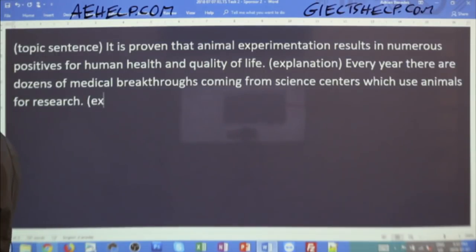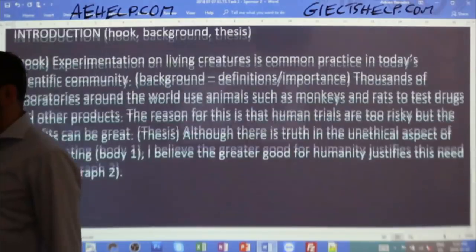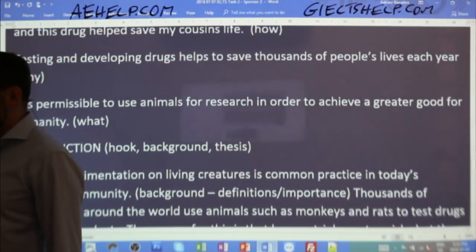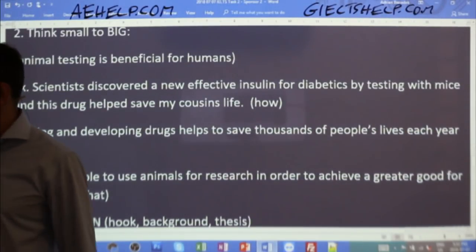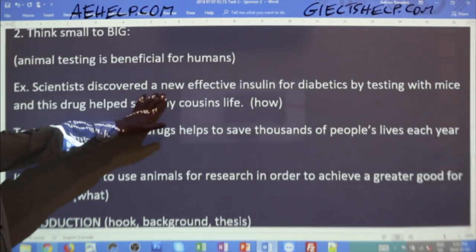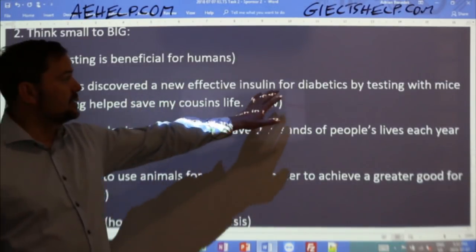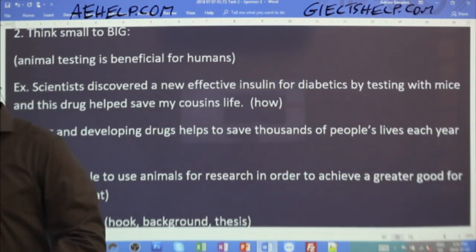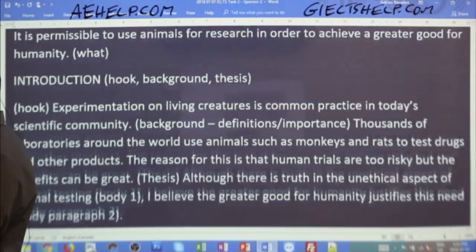So the example here, just for sake of ease and fluidity, I'm going to use the example that I developed. So when I was thinking small to big, scientists discovered an effective insulin for diabetics testing on mice, which helped to save my cousin's life.